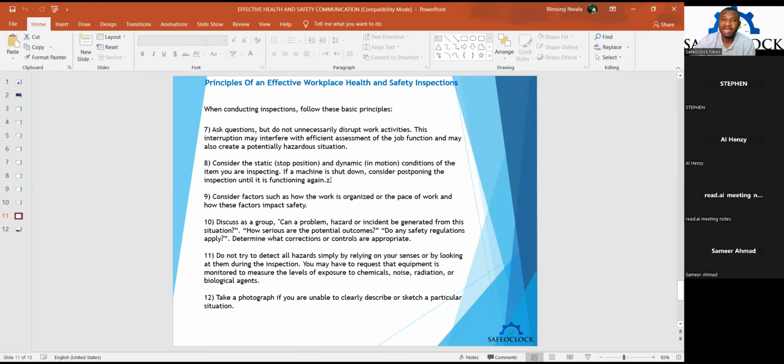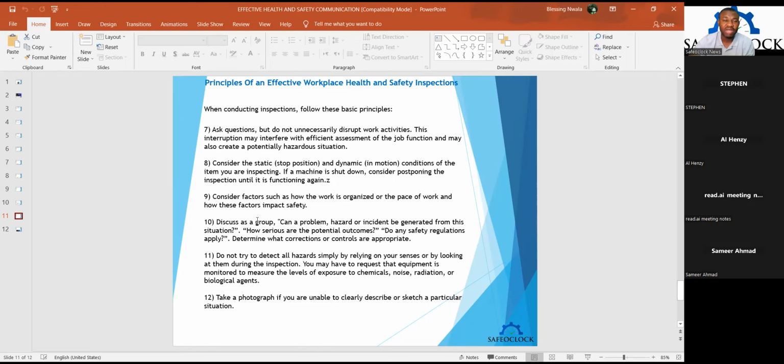There are a lot of things that you will not observe while the machine is just in standby position. So don't just say you have inspected the equipment while it was on standby and not in operation. It was not moving, so you are not going to see a lot of the things you've come to inspect. You can postpone your inspection of that equipment and come back when it's already in operation.